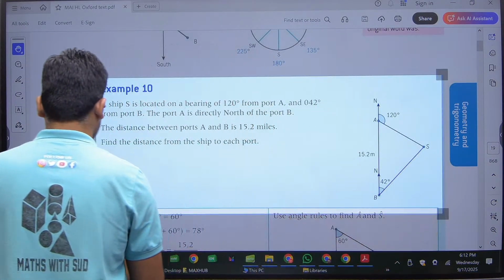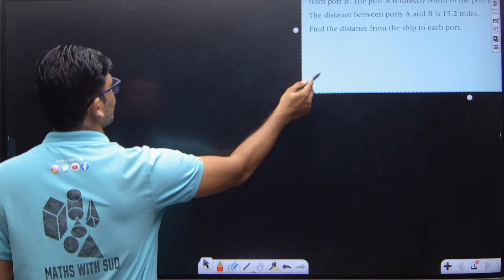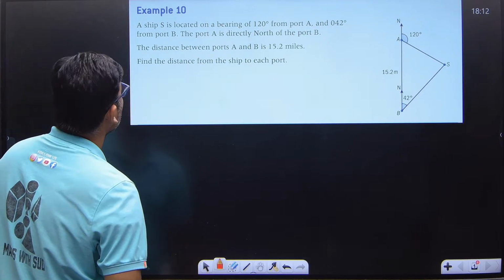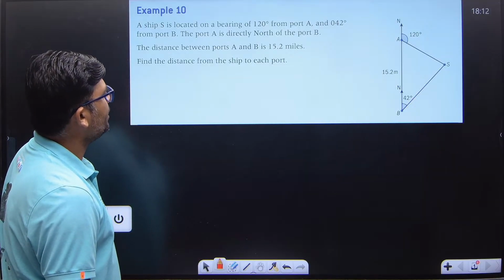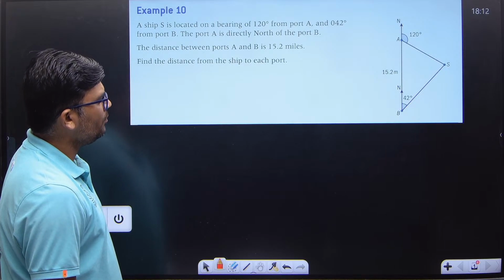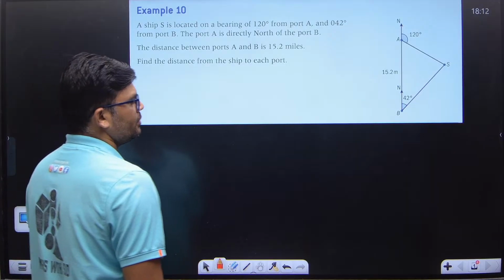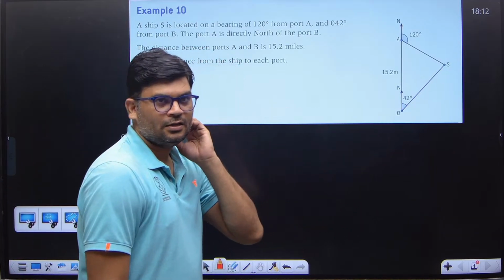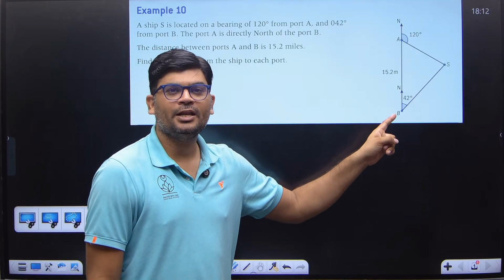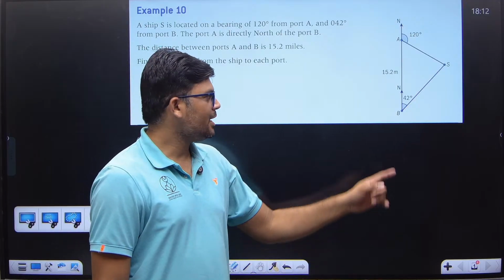Example 10. A ship S is located on the bearing of 120 degrees from the port A and 42 degrees from the port B. See, from the port B, it is not a bearing anymore, it is the angle.